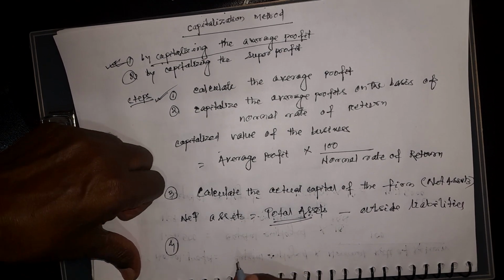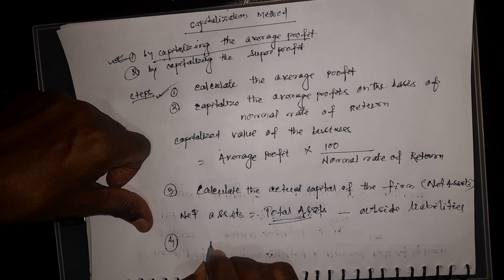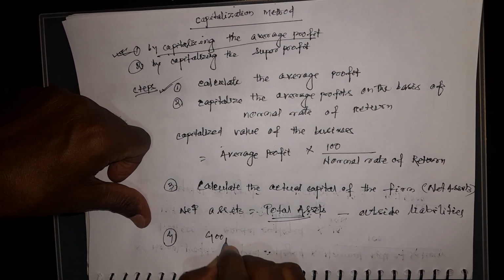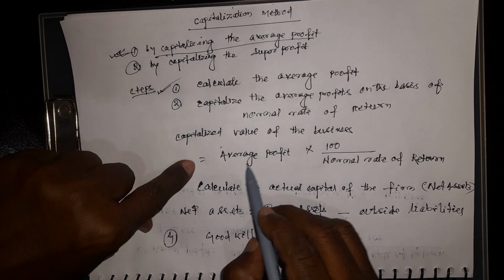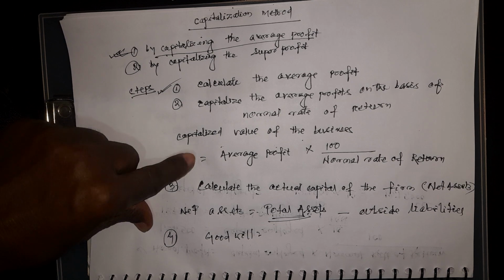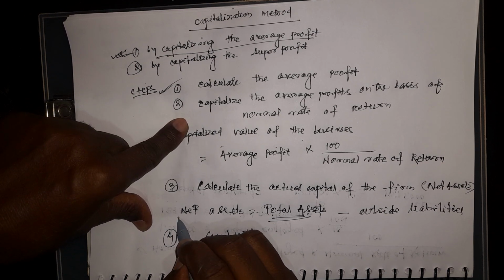Then the fourth step. Now we will calculate the goodwill. How will we calculate the goodwill? From the capitalized value of the business we have to subtract the net assets. Clear?